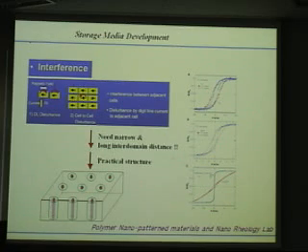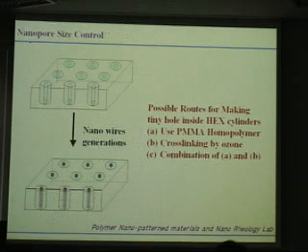So we need to increase the interdomain spacing, but we cannot sacrifice the density. The best way to increase the interdomain spacing without sacrificing the density is to choose a smaller nano size.